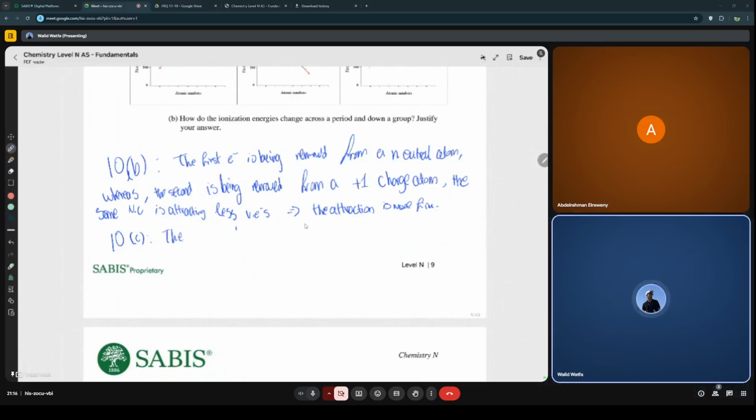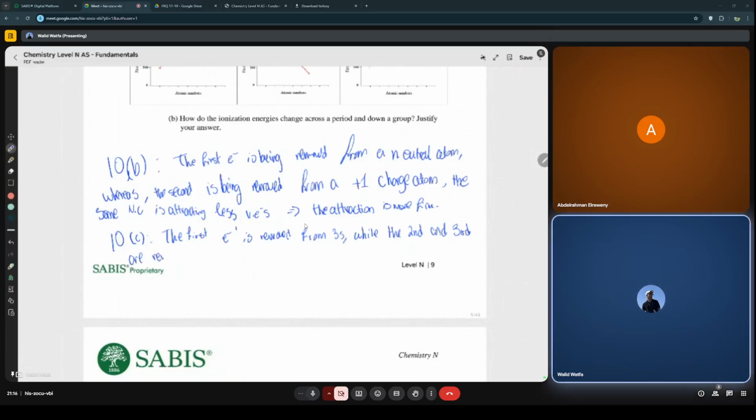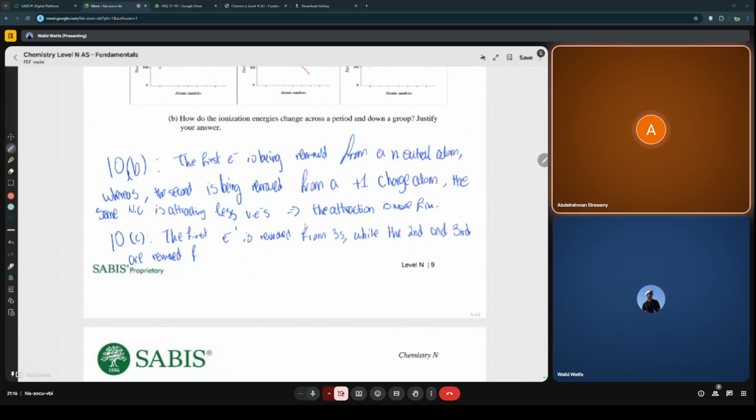The first electron is removed from 3s, while the second and third, because in the question we're only talking about IE2 and IE3, are removed from 2p.